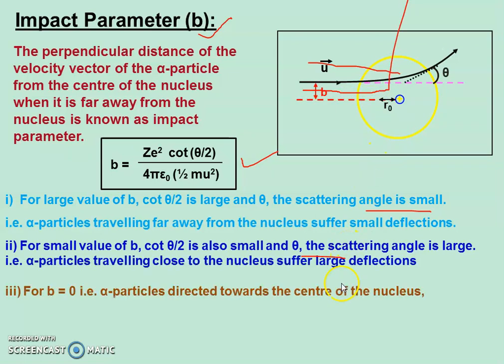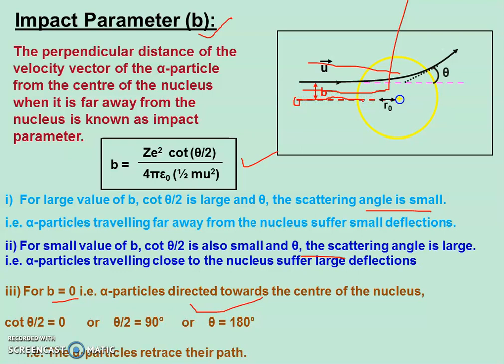Now if the impact parameter b is 0, cot theta by 2 is 0, which means theta is 180 degrees. So the particle goes directly toward the nucleus and is deflected by 180 degrees. So this is all about the impact parameter. This is all for today's topic. Thank you very much.